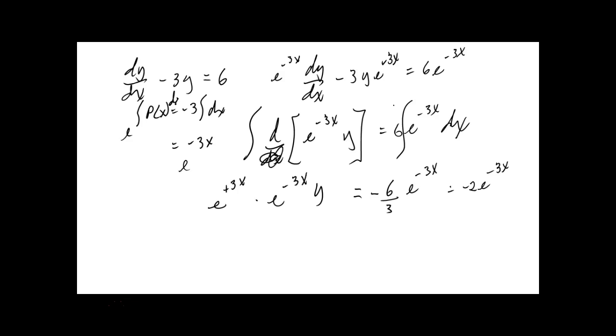You want to get this to the other side, right? So which do you want to do? Multiply by e to the 3x or divide by e to the minus 3x? It's the same. Multiply? Okay, you're okay with that? So multiply this by e to the 3x. What does this give you? These multiply to be 1, right? e to the 0 is 1.